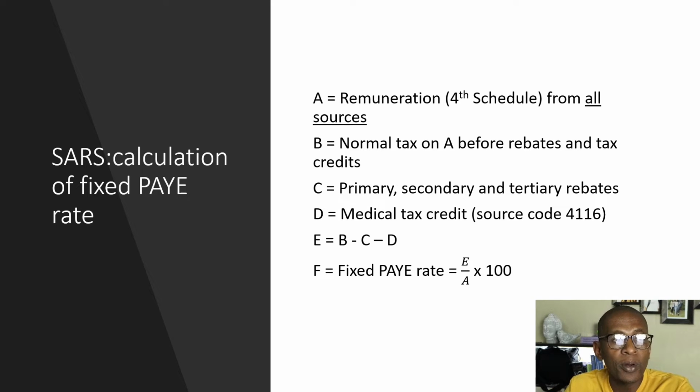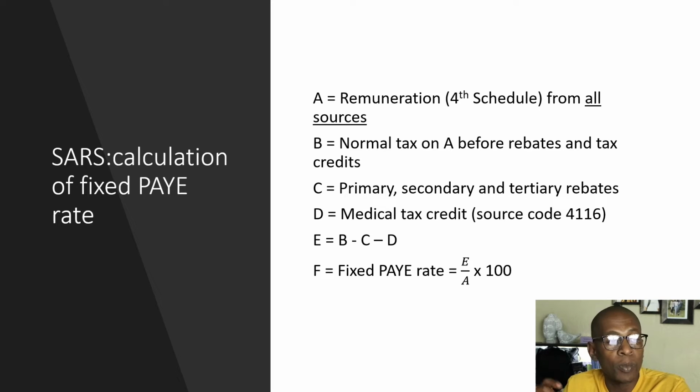C is the primary, secondary, or tertiary rebate. I've just assumed that our taxpayer is under 65, so I've just used the primary rebate. And then D is a medical tax credit, as per source code 4116 on your assessment. E then becomes the result of taking B less the primary rebate and then less the medical tax credits in our example. And then you finally work out the fixed PAYE rate, which is basically the answer from E.